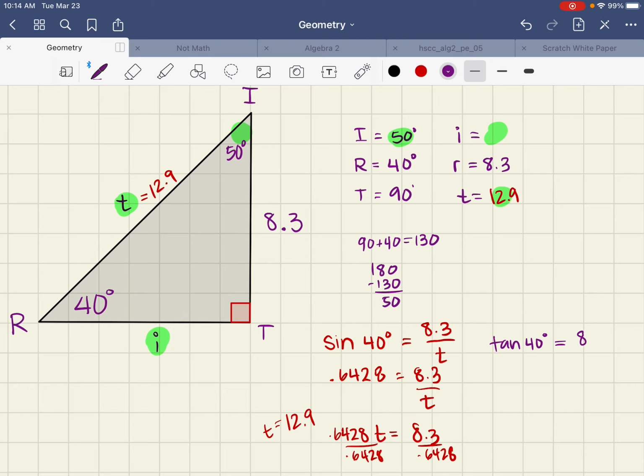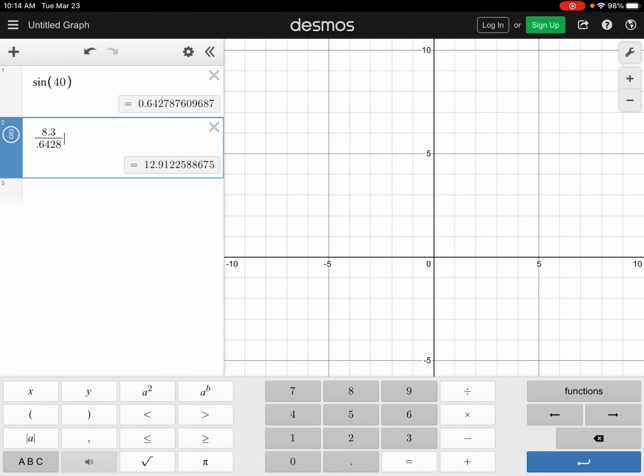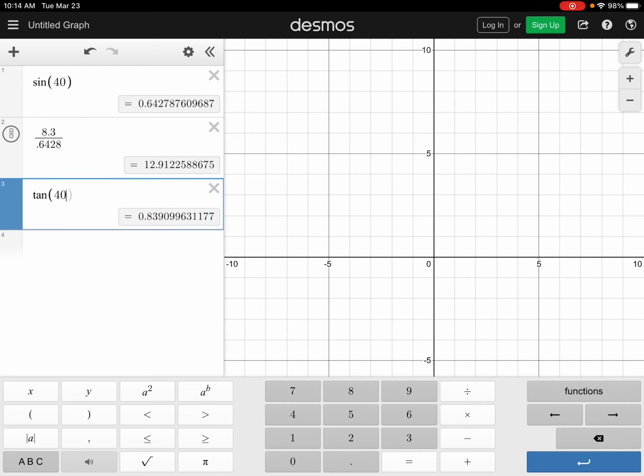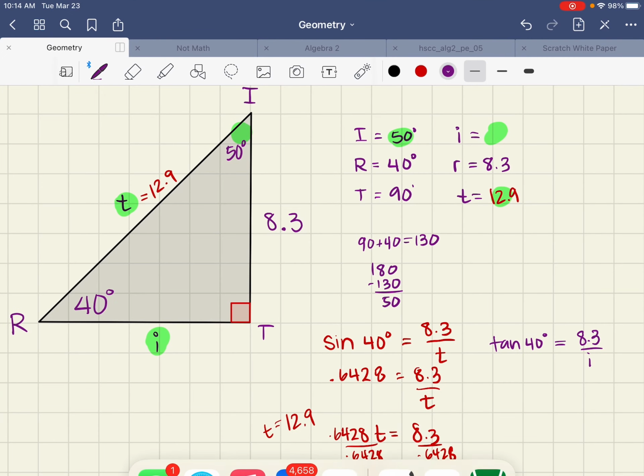We're going to use our Desmos calculator again to find out what the tangent of 40 degrees is. It's already in degrees. It's 0.8391. So 0.8391 is equal to 8.3 over I. And then we cross multiply and solve.